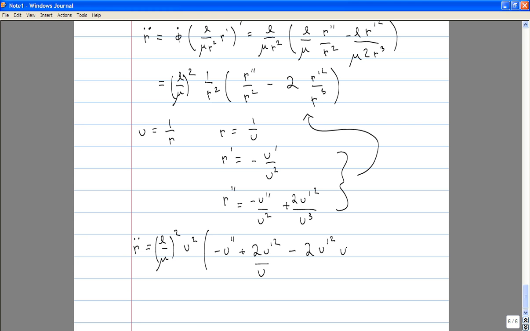Because it was minus 2 r prime squared over r cubed. r prime is minus u prime over u squared, so r prime squared is u prime squared over u to the fourth, times u cubed, so that's over u.